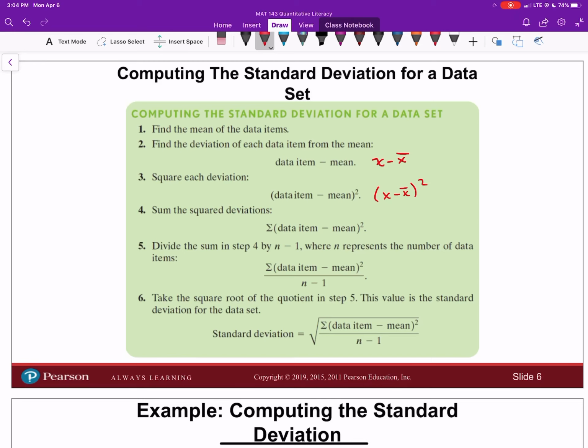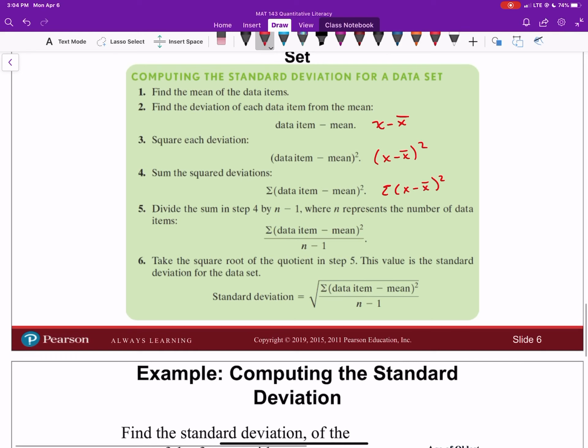Then take the summation of the squared deviations, so you're just adding up all the squared deviations. Then you divide by n minus 1, so it'll be the summation of x minus x bar squared all over n minus 1. Then you take the square root of the quotient.